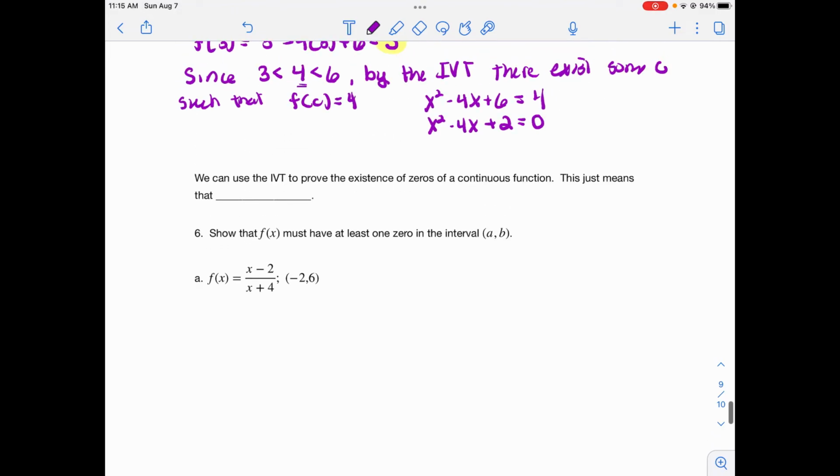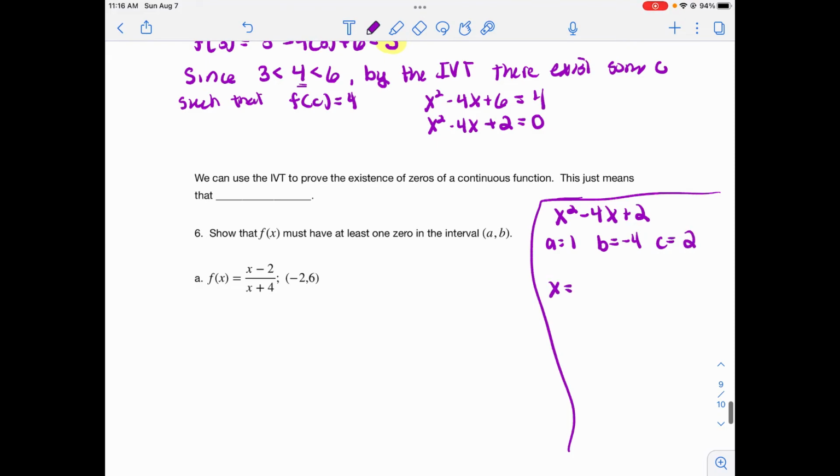We'll go down here. I don't have enough room there. So we've got x squared minus 4x plus 2. Okay. So a is equal to 1, b is equal to -4, c is equal to 2. x is equal to the opposite of b plus or minus the square root of b squared minus 4 times a times c, all over 2 times a.